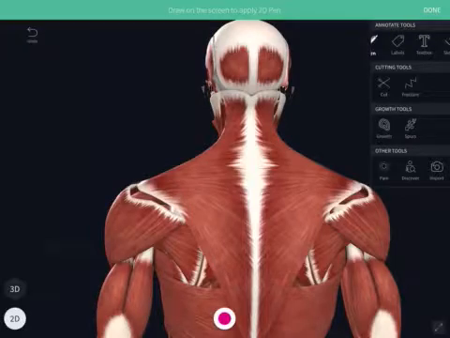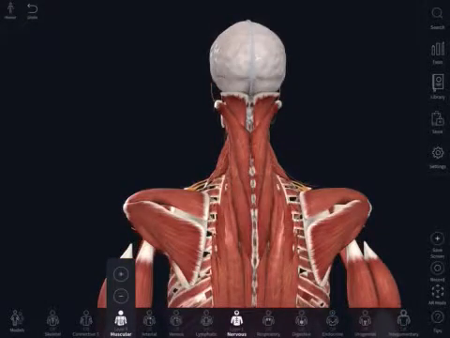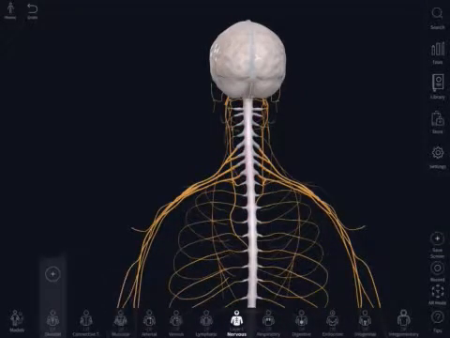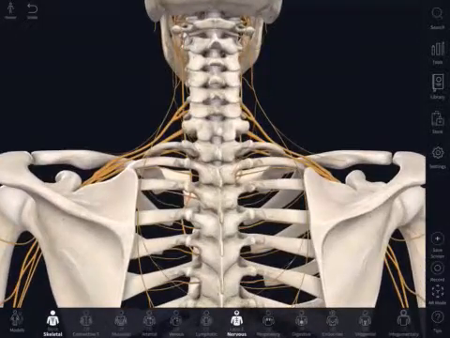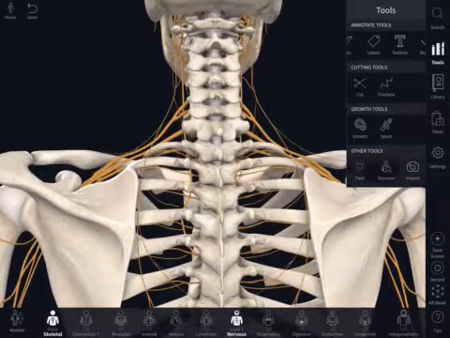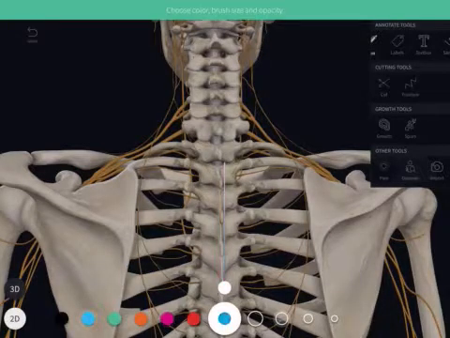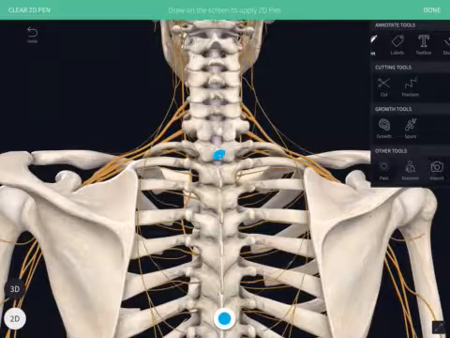So let's take this off and let's go down just to skeleton a second and take a look at anatomy days here. So if you remember from anatomy days, upper trap attaches to your spinous process here, right?